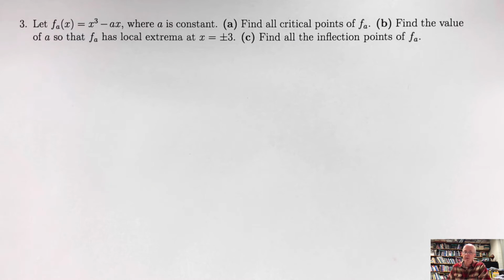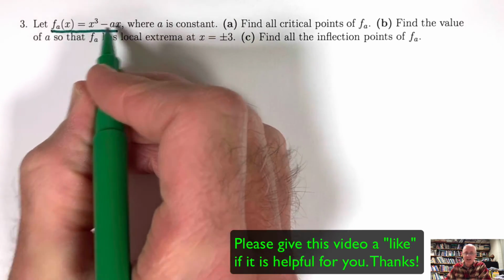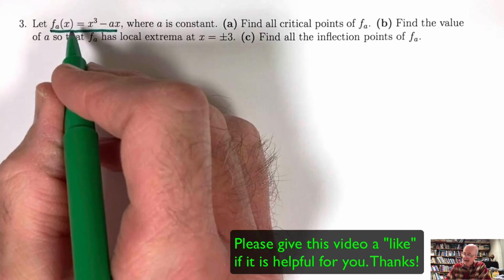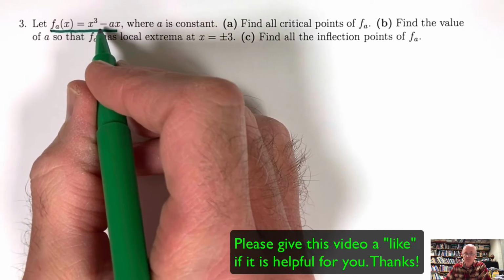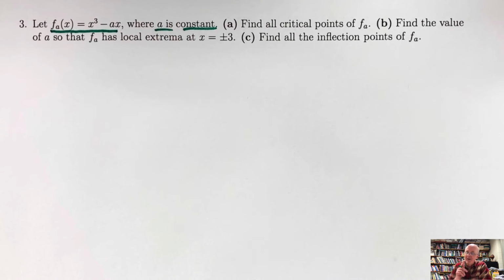In problem number 3, we have a parameterized family of functions. F sub a of x, my book doesn't use the subscript, but I am, equals x cubed minus ax, where a is constant, though what's most interesting is thinking about this function and what happens to its graph as a changes.